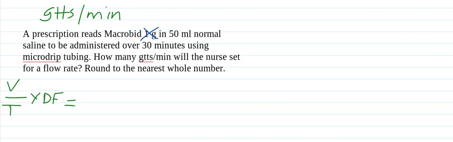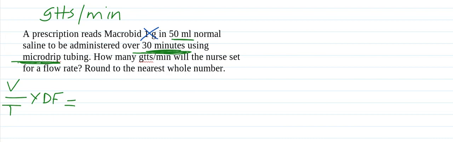We have our volume to be infused. We have our time. This time is already in minutes, so we're good to go. And then we need a drop factor. And it's telling us it's using microdrip tubing. So we know that microdrip tubing delivers 60 drops per milliliter, and 60 is the drop factor for microdrip tubing.